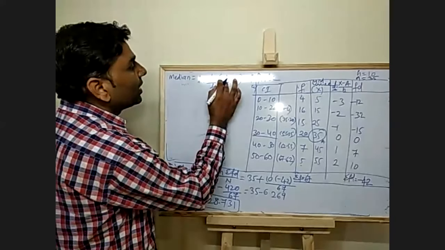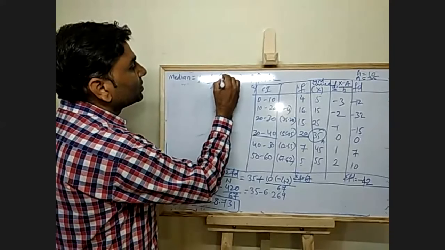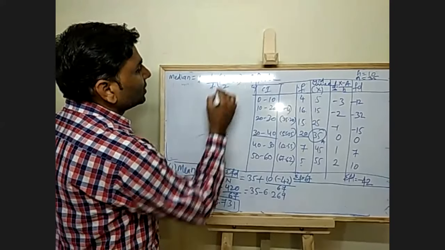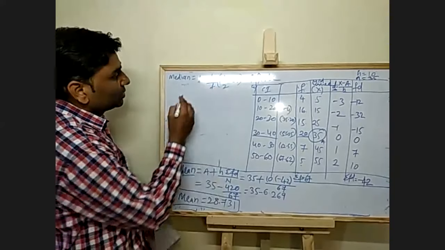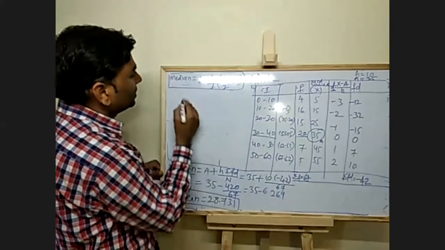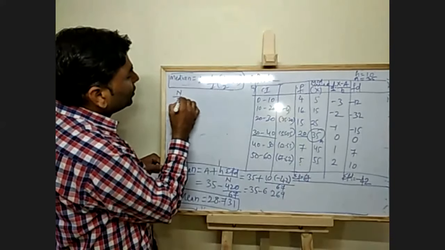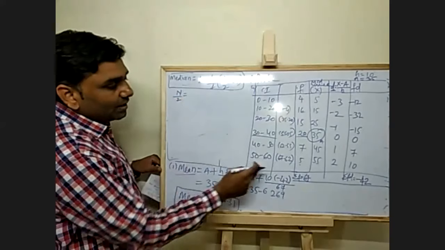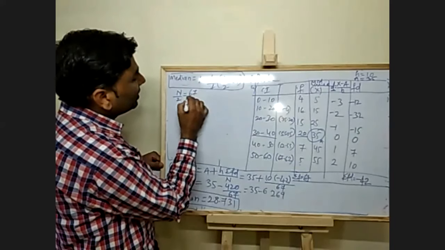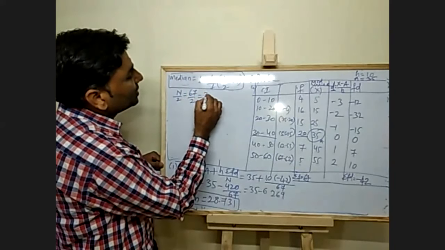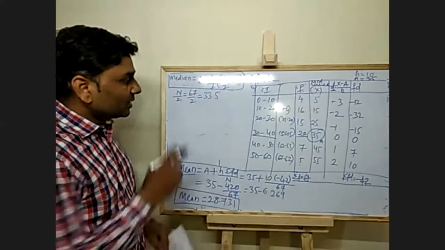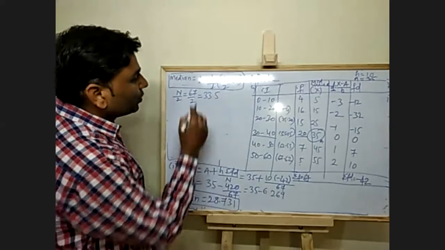Now, how to find out median class? So, first thing what we have to do is N divided by 2. How much is N? N is 67. 67 divided by 2 is 33.5. So what do you have to do?